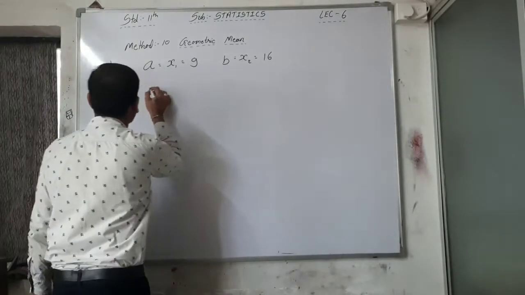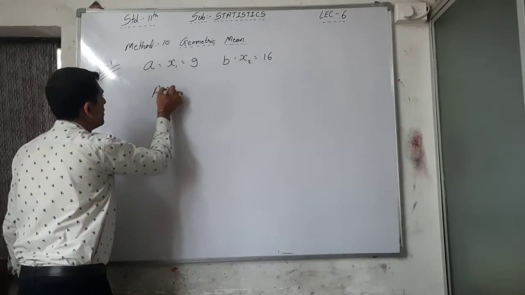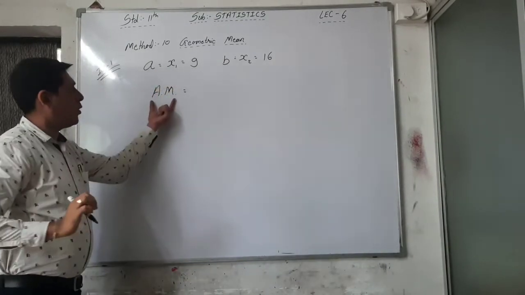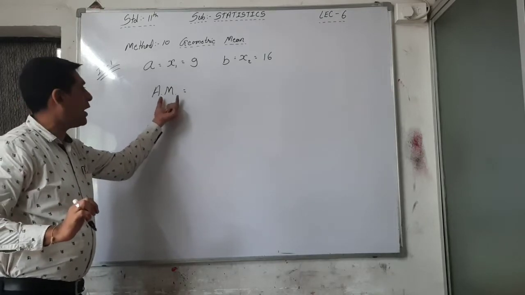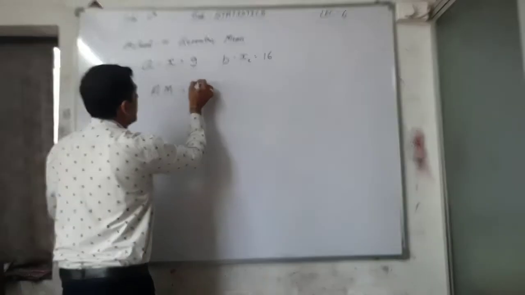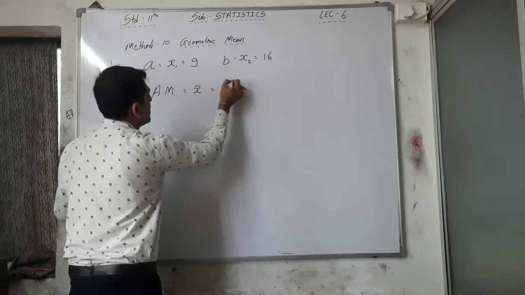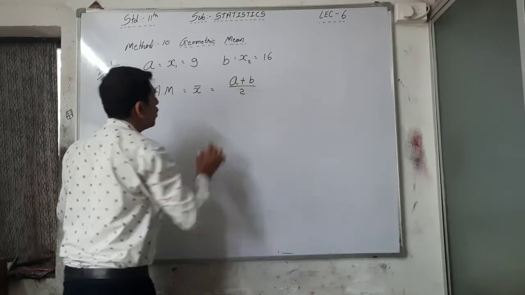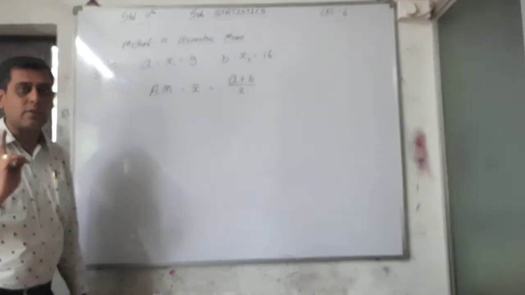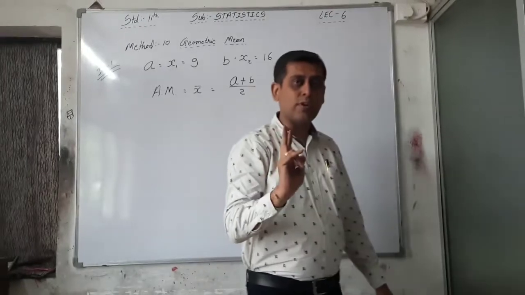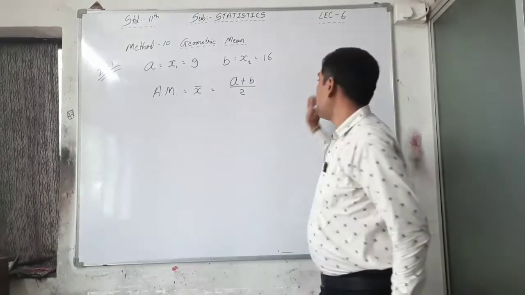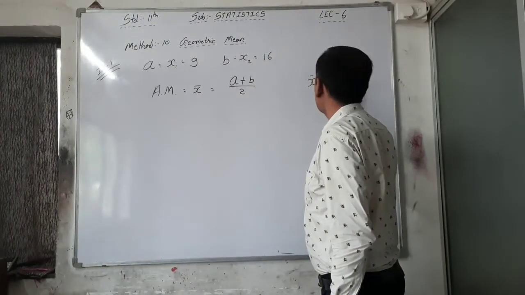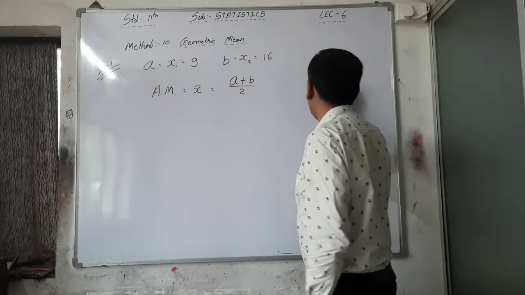So first of all, what is the arithmetic mean? The short form of arithmetic mean is A.M. AM is equal to x bar. x bar is equal to (a plus b) divided by 2, or you can say (x1 plus x2) divided by 2, because there are two observations and the formula for x bar is sigma x upon n.